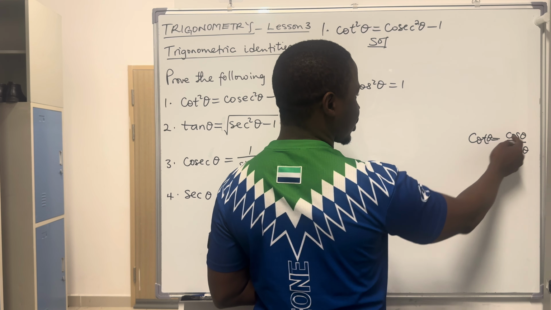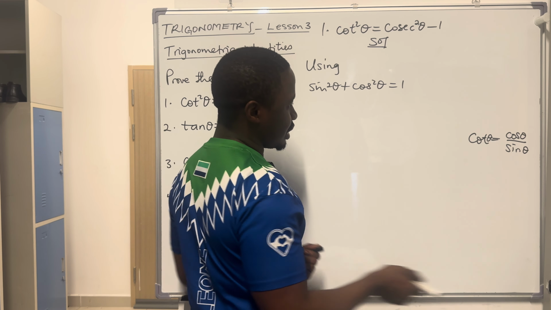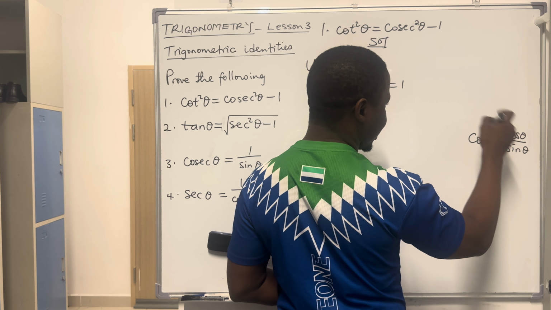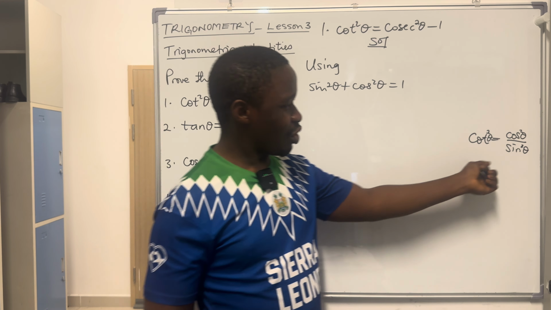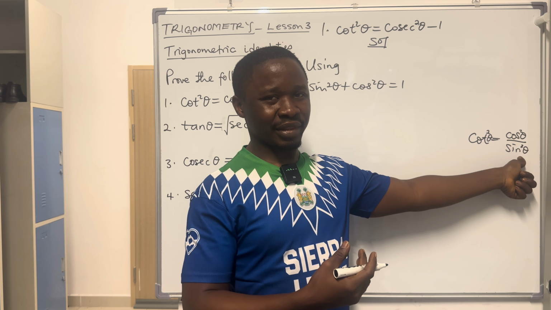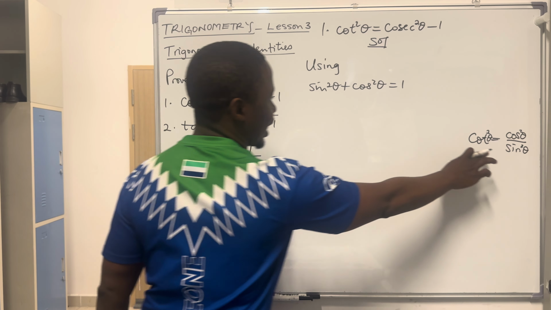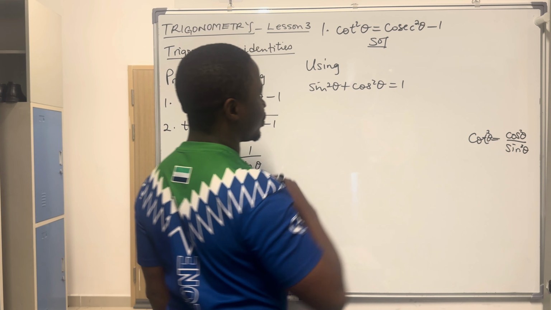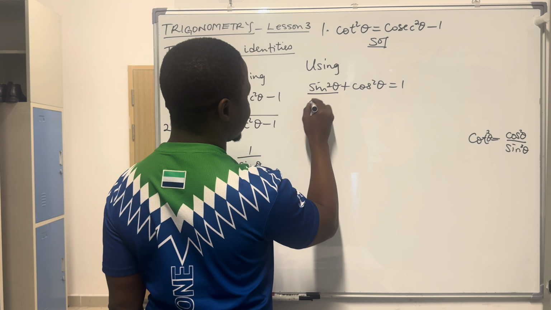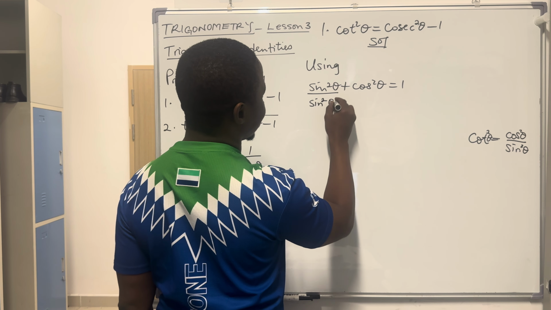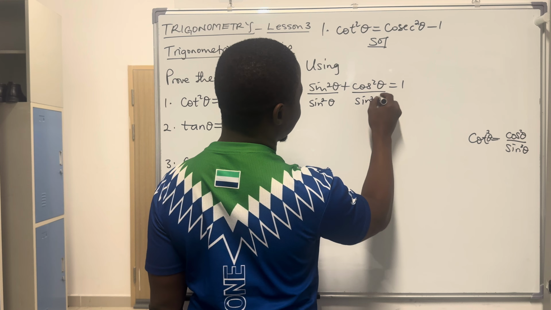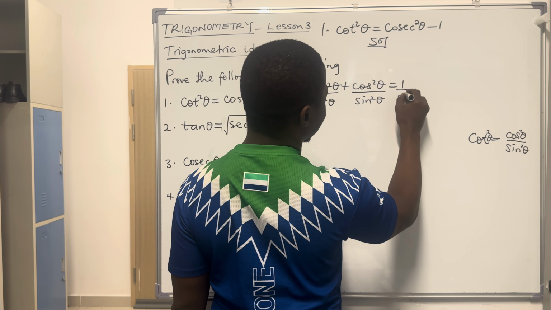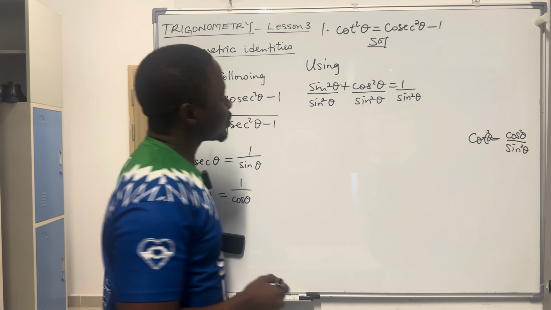So if cot is cos over sine, it tells us that cot square is equal to cos square over sine square. So our denominator is sine square theta. So we use sine square theta to divide through. So here we say sine square theta, then again sine square theta.